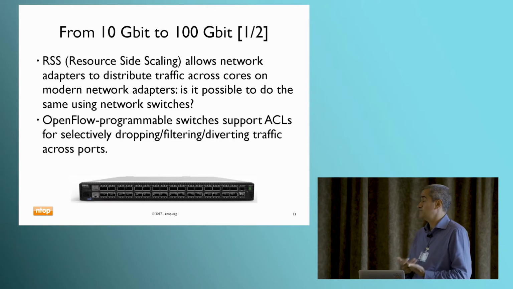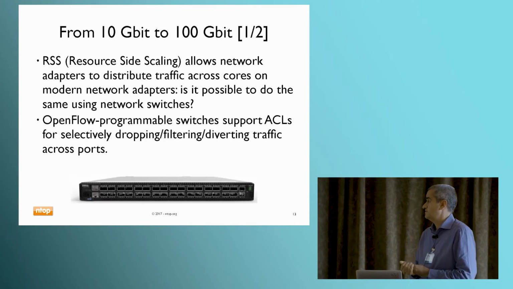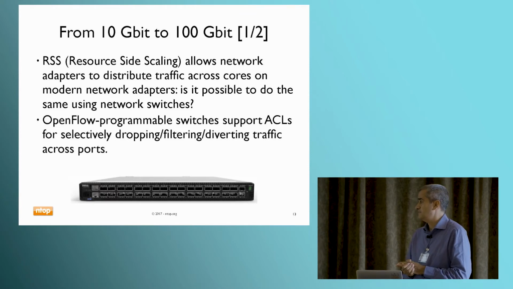But we need to be able to capture 100 gigabit. This is the problem. And if you want a solution at the network level, you can use OpenFlow programmable switches to split your traffic. But because those devices are static, you must know in advance what to filter, how to drop, and how to distribute the traffic, and this is not always possible because the traffic is changing.